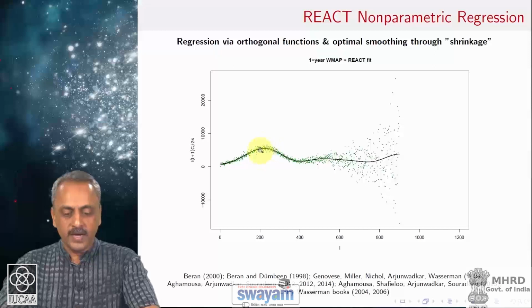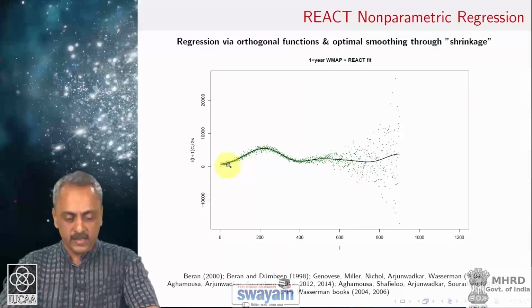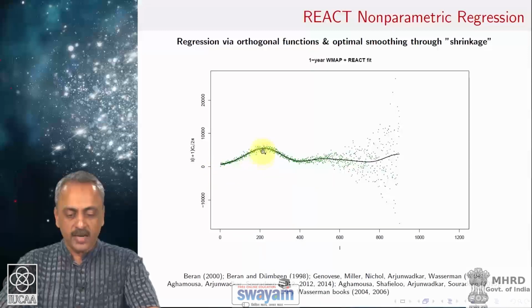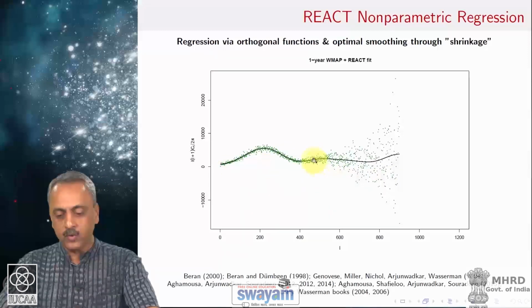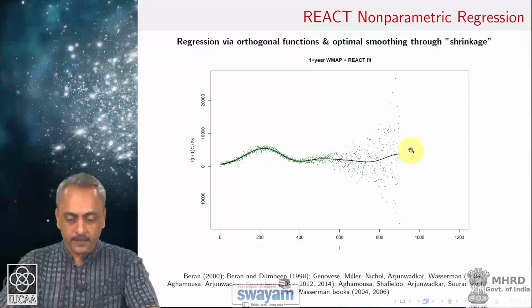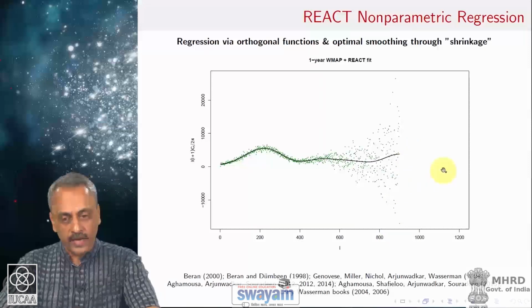the vertical spread is much lower at this end. It actually is supposed to go a little bit up at this end. The vertical scatter is a little higher here compared to this part here, and as you go to higher multipoles, this essentially grows very fast. So, the variability at higher multipoles is generally on the higher side.